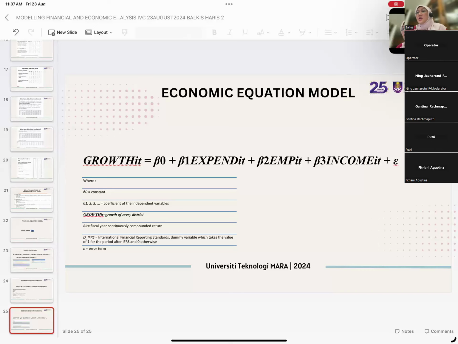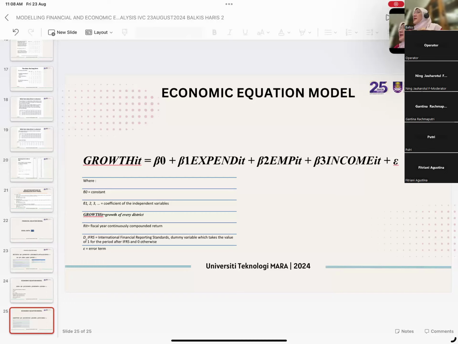Y is the growth for countries, for every country. Let's say Asian countries. T is time for 10 years. It can be 20 years, it can be 50 years. There are certain arguments for long-term data and short-term data.